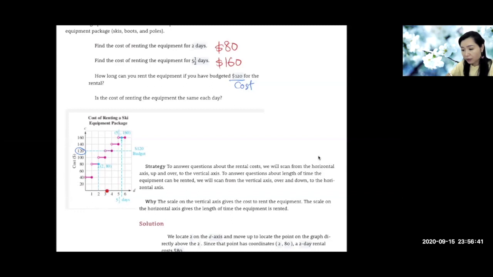So if you rent the ski package for more than 3 days, up to and including 4 days, then you're going to pay $120. Because this is an open dot, the 3 is not included, so it's more than 3 days, and over here is a solid dot, so 4 days is included. So more than 3 days and up to 4 days, you pay $120.